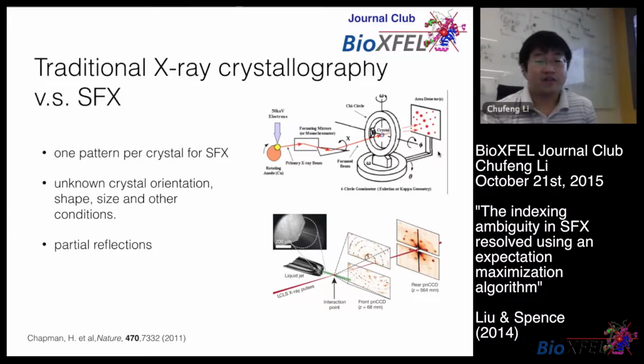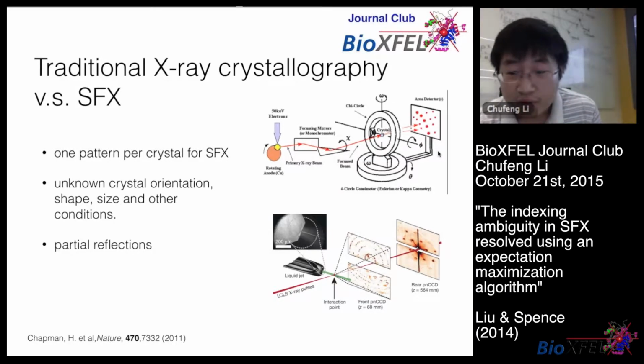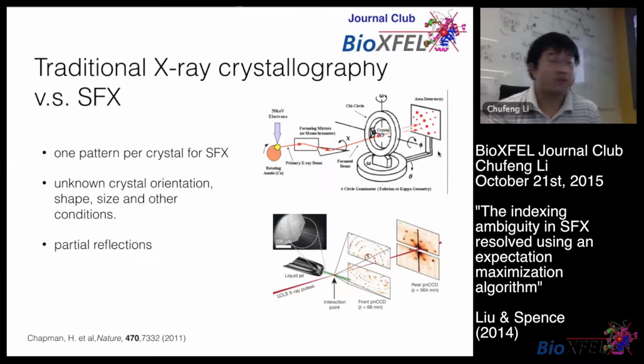However, in SFX, the nanocrystals are delivered in a single file liquid jet stream. So the diffraction patterns are recorded from all these crystals, but only as diffraction stills.